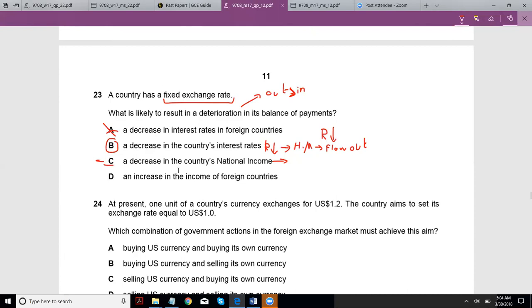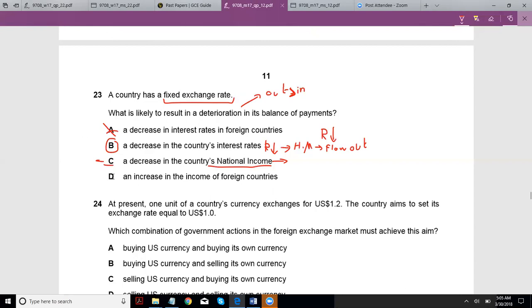A decrease in national income usually leads to recessionary forces. So if all of that is happening, your balance of payments might improve, might deteriorate. We can't really be sure, because it depends on the elasticity of your exports, whether or not output in the export industry is increasing or decreasing. Can't really tell much from here.